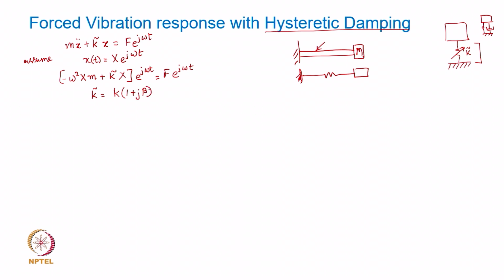You remember this was the complex stiffness that we derived when we discussed this first time in the free vibration case. So, please revisit that part. Beta was what? Alpha over pi k. Okay. Beta is the loss factor, structural damping factor.